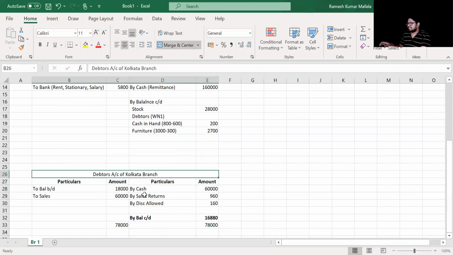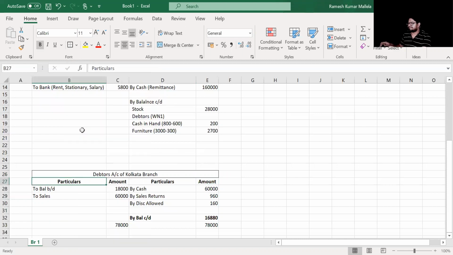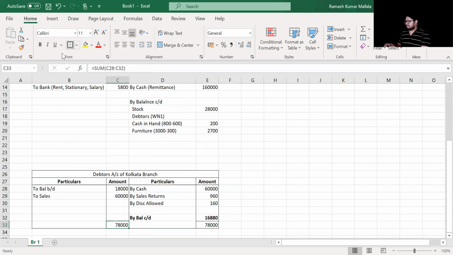Okay. So this is the debtors account he has asked you to prepare. We have prepared it. In fact, he did not ask you. We did it for our clarity. That's all. I hope you guys are able to see this.